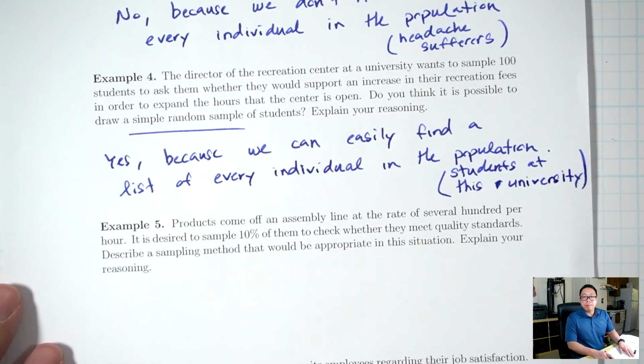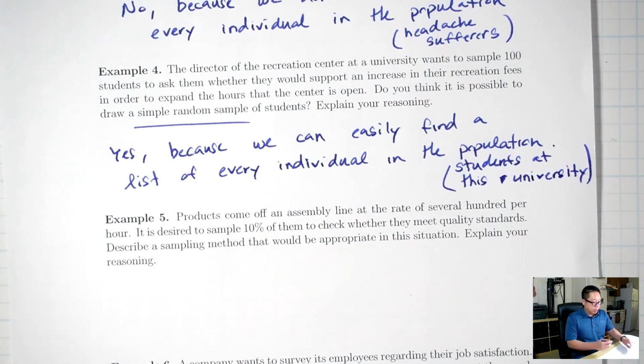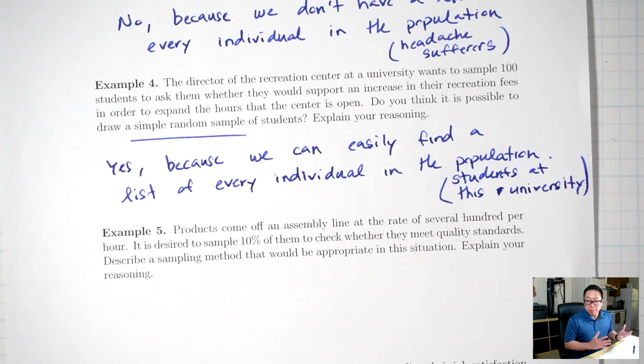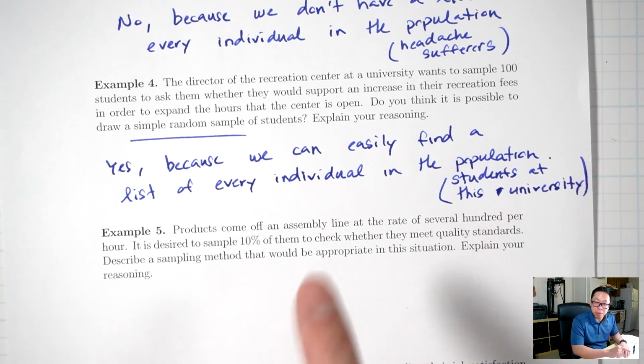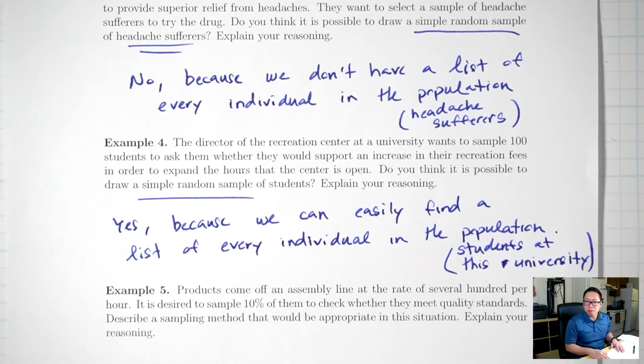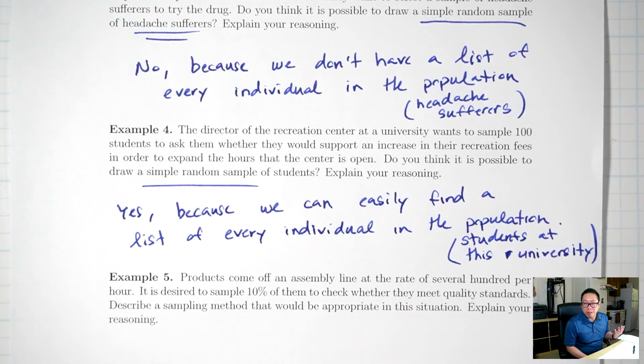In this case, it's easy, right? On a computer somewhere, there's a list of every student at this university so that we can do a simple random sample. In the other case, the population is headache sufferers. There's probably not a list somewhere of every headache sufferer in the population. And that's why that's no.